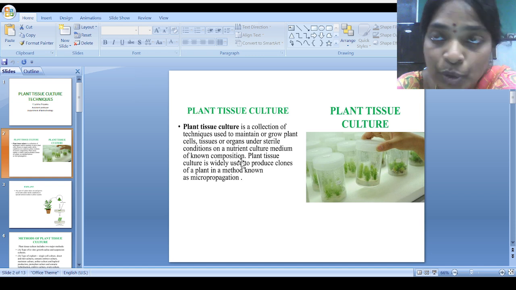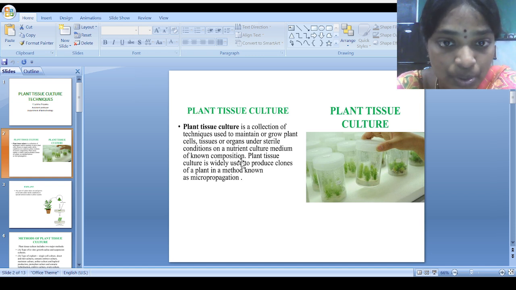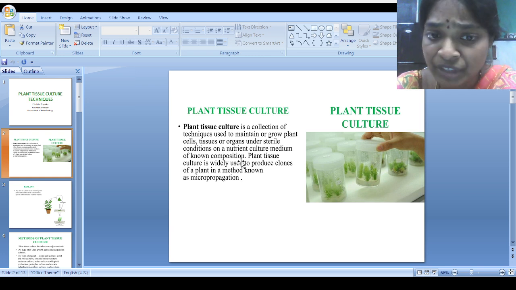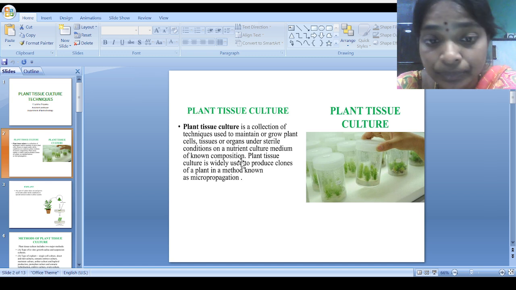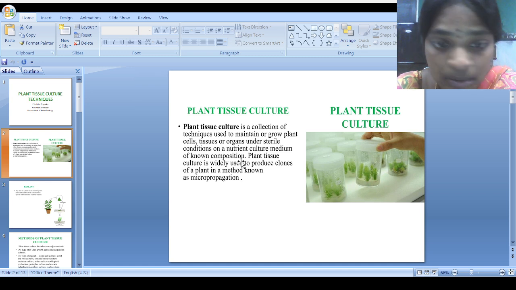In general, we use MS media for culturing plant tissues in in vitro laboratory conditions. MS stands for Murashige and Skoog media, which is an already designed media, and it comprises micronutrients, macronutrients, vitamins, some amount of salts like calcium chloride, potassium iodide, and agar.